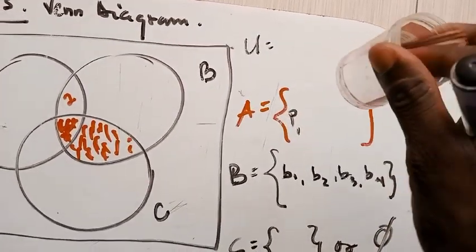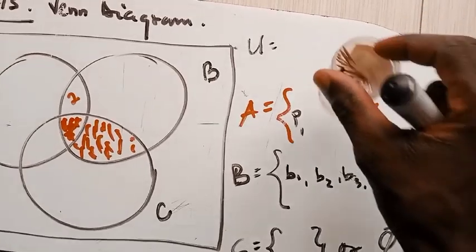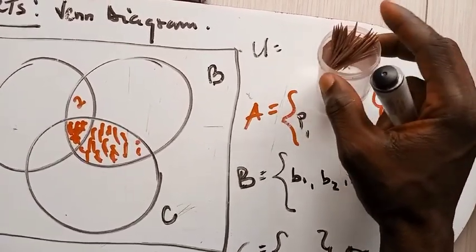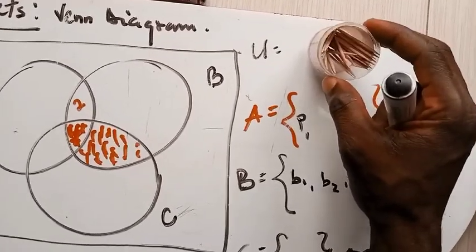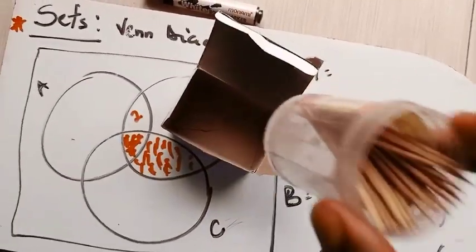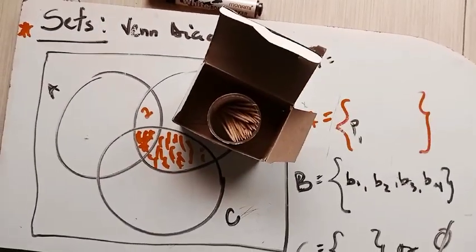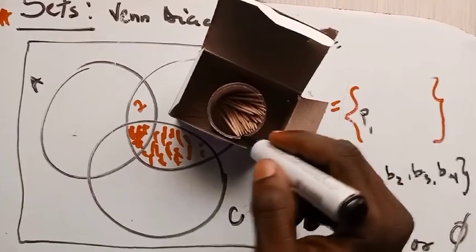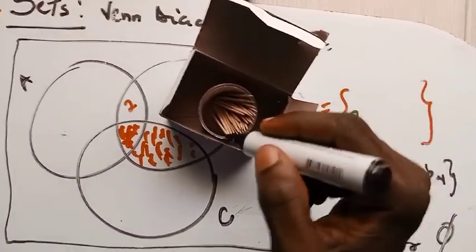I will say this is another box or a set here that contains some items inside. Now this is another set. What will happen if you put this set inside this one? It means that there's a set inside another set, right? So there's a box inside another box.